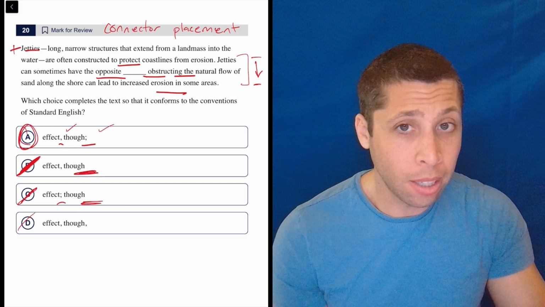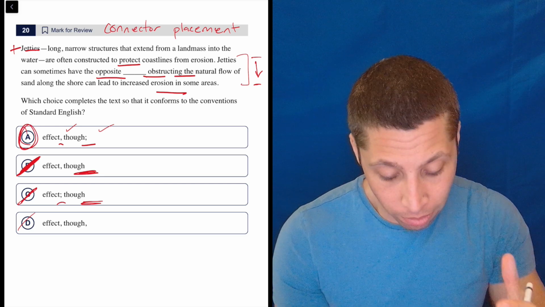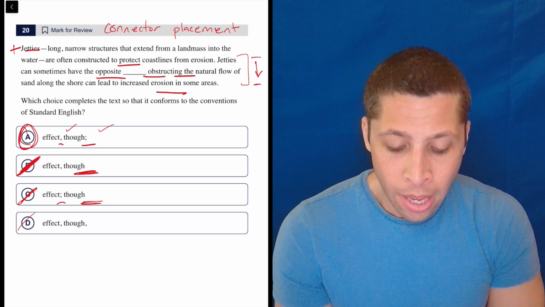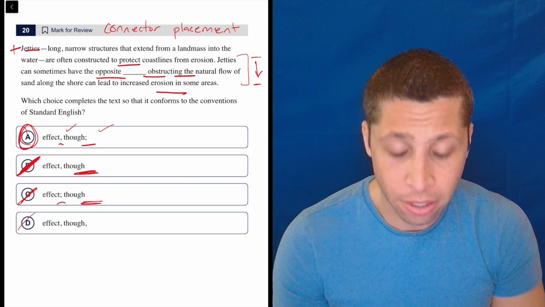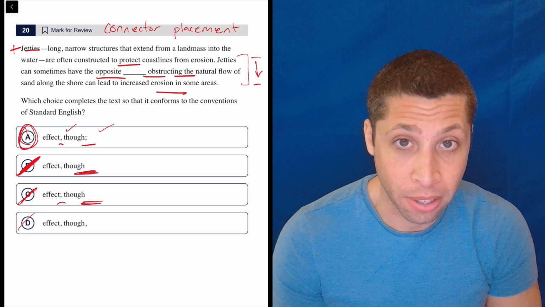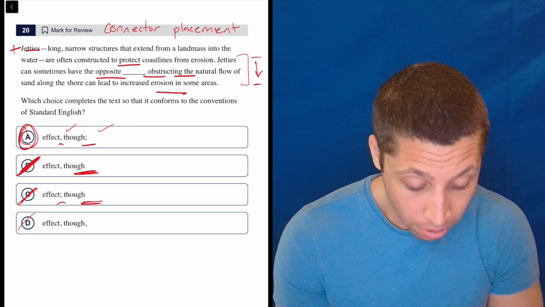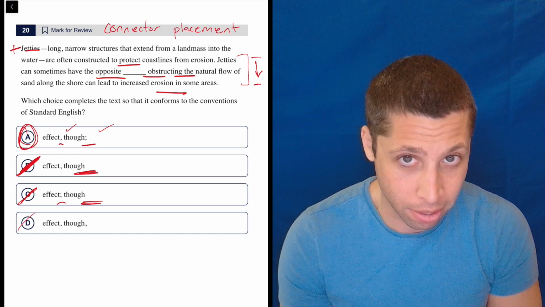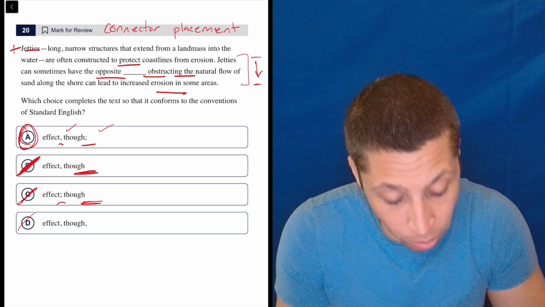And to be really clear about what's happening, this is kind of what the dumb version of the sentences are. Jetties are often constructed to protect coastlines, but jetties can sometimes have the opposite effect. For example, obstructing the natural flow of sand along the shore can lead to increased erosion in some areas. That's the sentence, right? Where's the but?